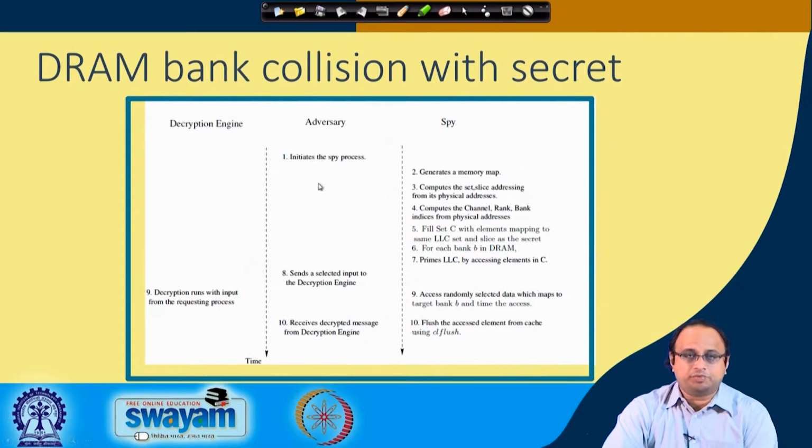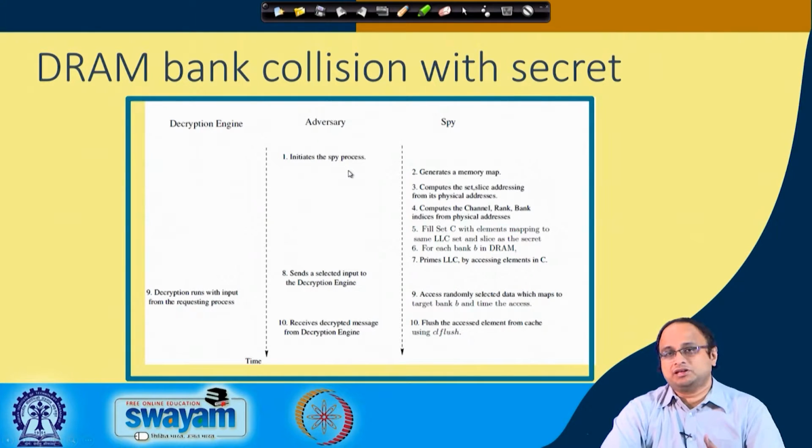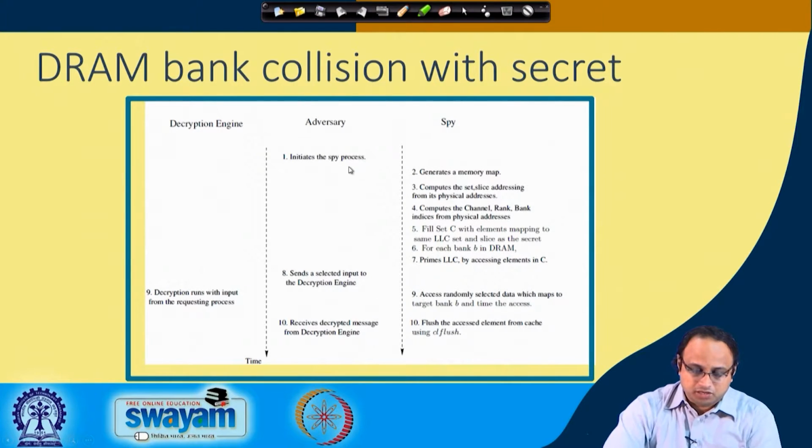So this is the complete elaboration of the attack. In this elaboration, we see that there is an adversary which initiates the spy process, and as I said, you have to decipher that eviction set. You have to do it every time in situ, because the mapping from the virtual address to the physical address will change the moment you run a different process.